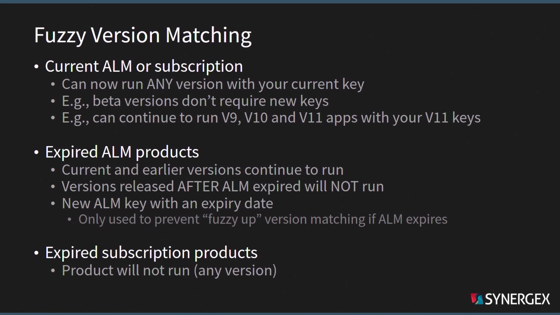Okay, so it does not prevent you running current versions or any earlier versions, but it will, for example, if you allow your ALM to expire and then we release a new version in 3 months' time, you will not be able to run that new version. You will only be able to run stuff up to the point where your ALM expired, which is the license agreement you've already always had. So nothing's changed. It's an extra one thing that can get enforced.